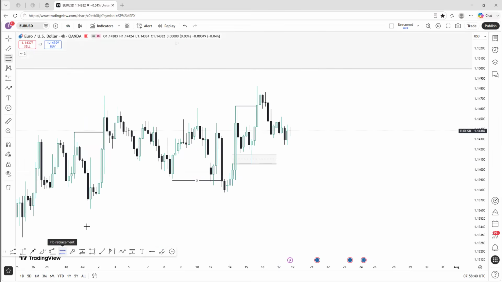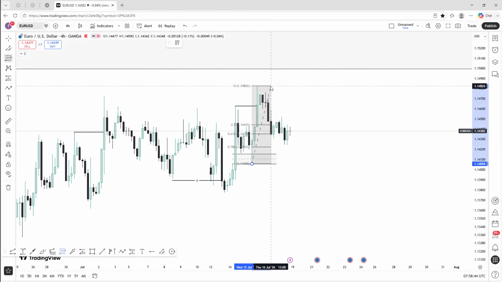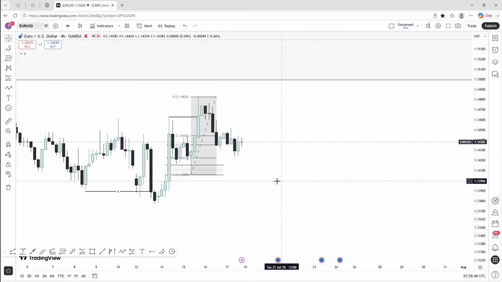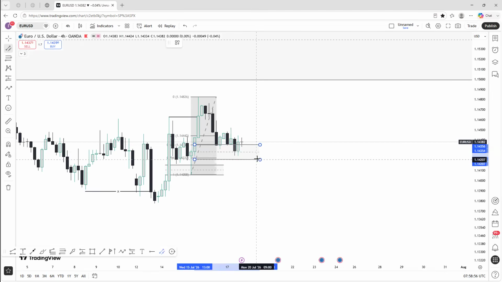So right now price is on a retracement. You can recognize that right now price is mitigating a point of interest, which is the optimal entry point. So now price is ranging on that optimal entry point.